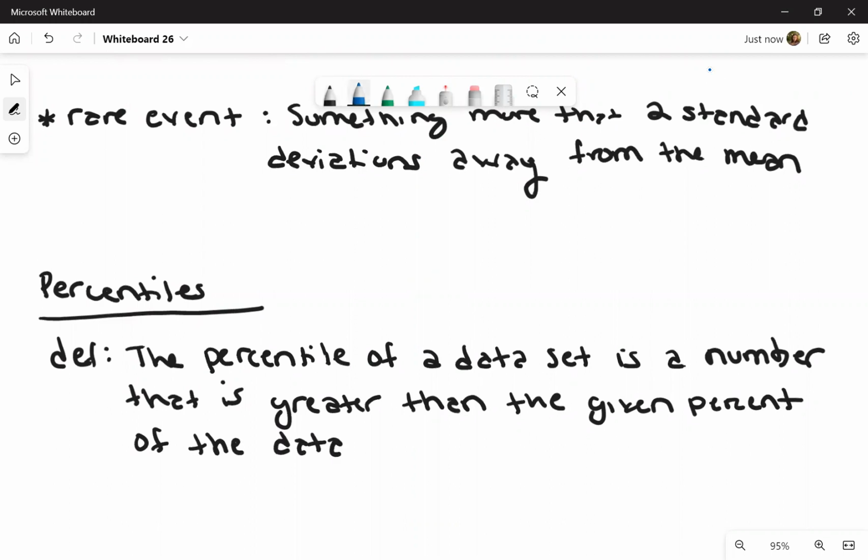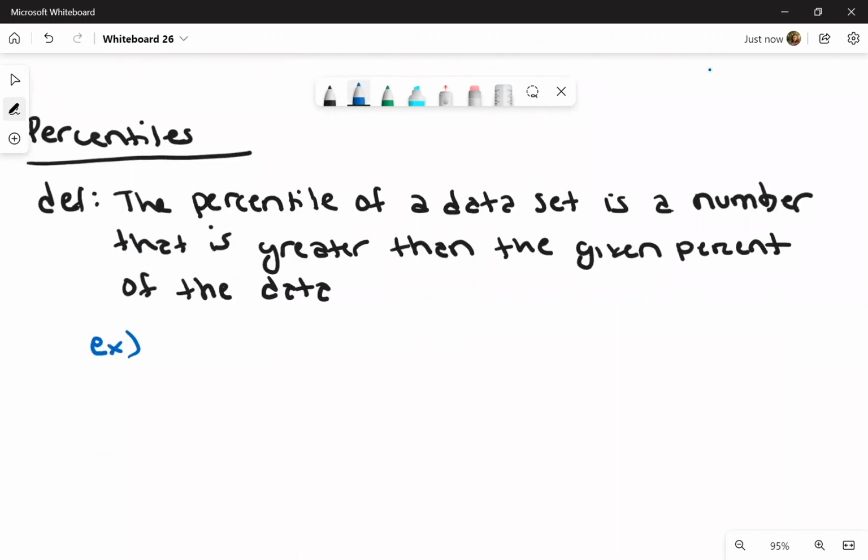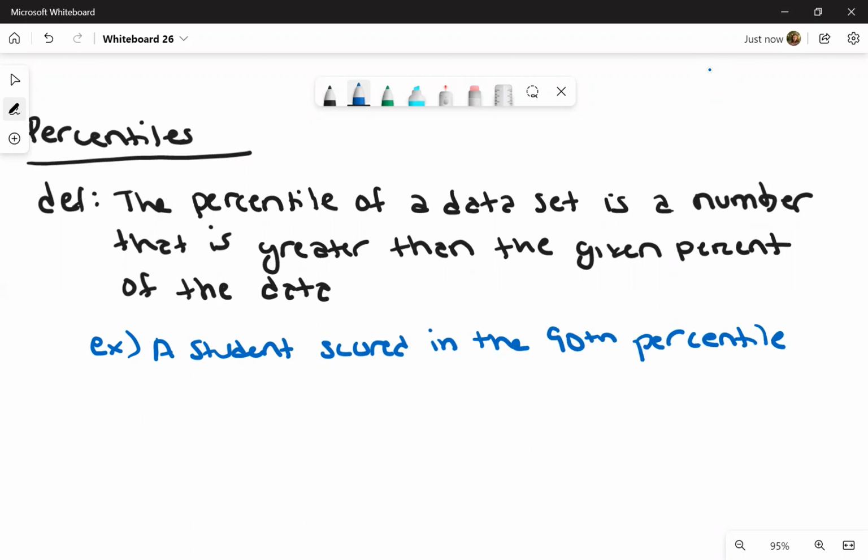So let me give an example. Let's say I tell you that a student scored in the 90th percentile on a national test. Usually those are standardized, so they have a normal distribution to them, by the way.